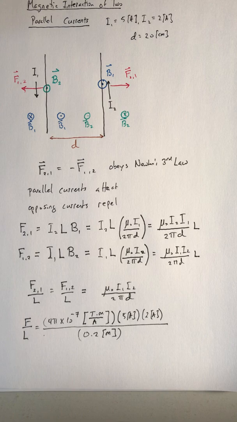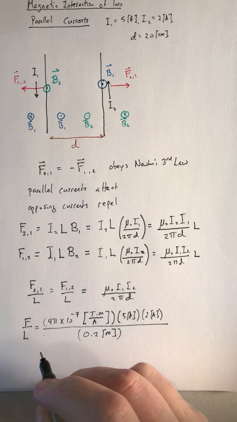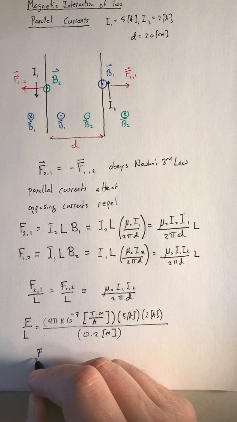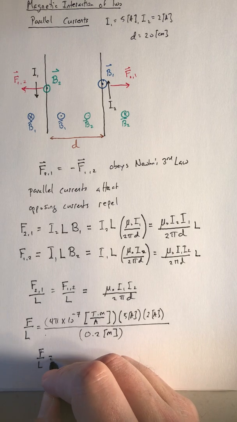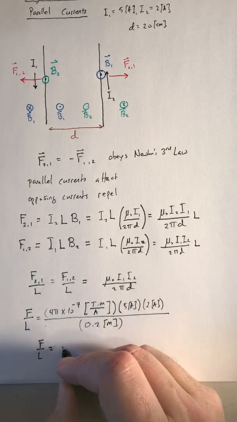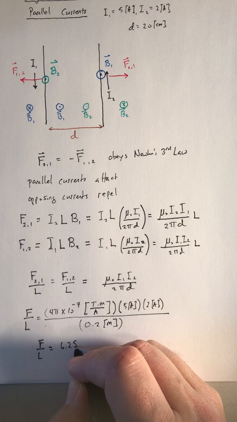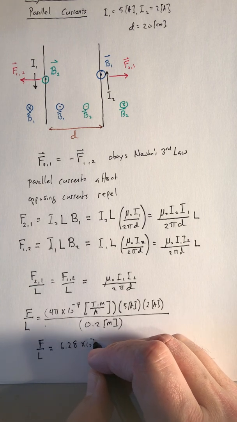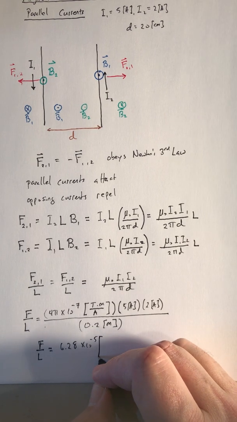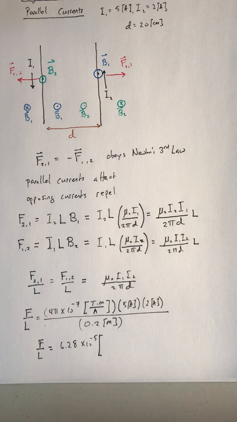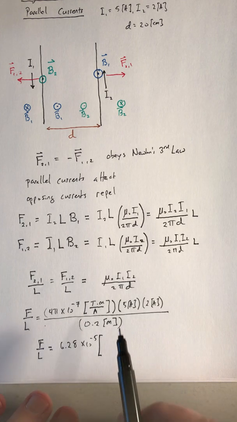So we'll have, as an actual number, force per unit length times 10 to the minus 5, and we want to think a little bit about the units here.